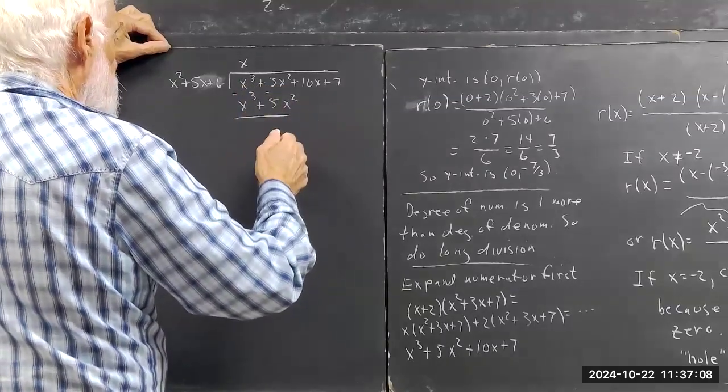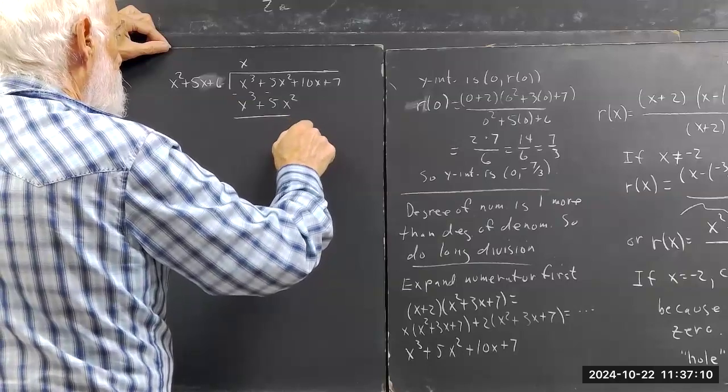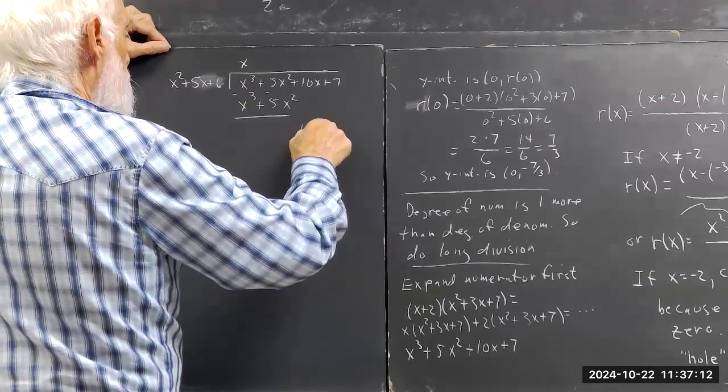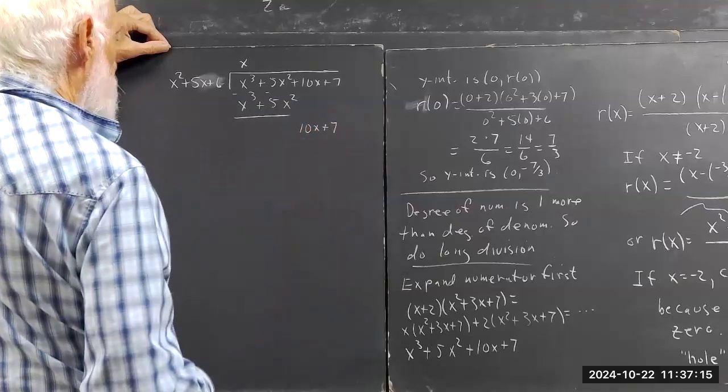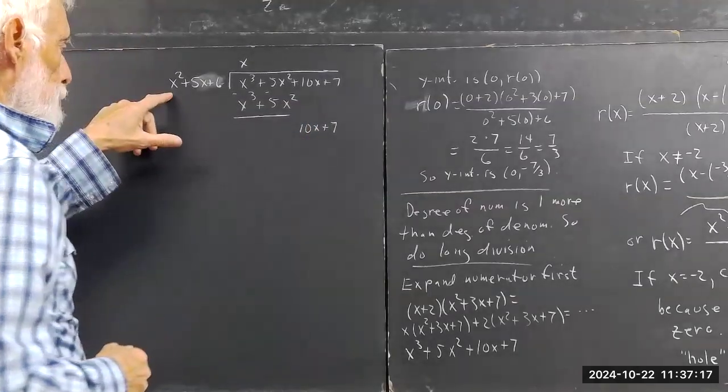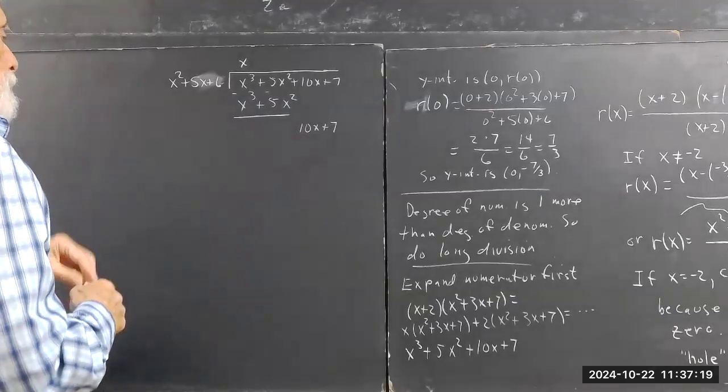That leaves us 0, and that leaves us then 10x plus 7. Of course, we can't divide x squared into 10x.